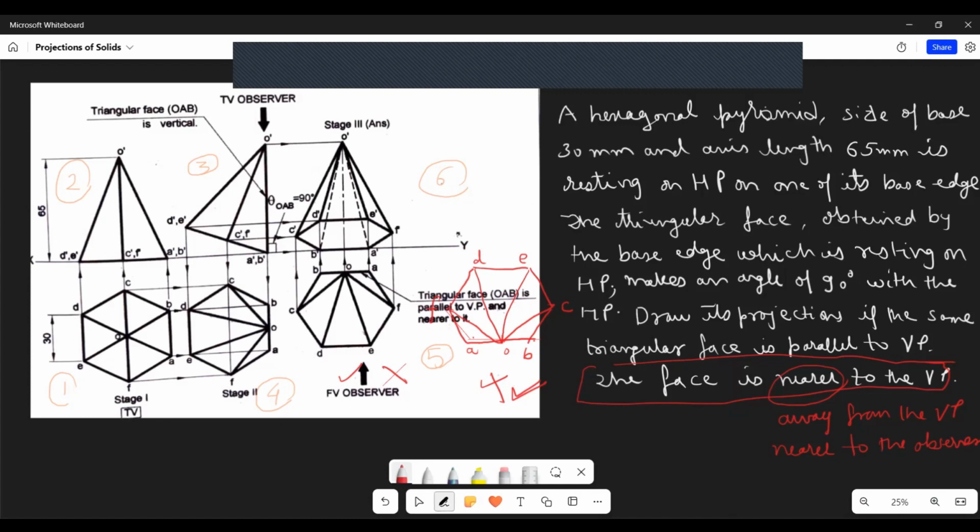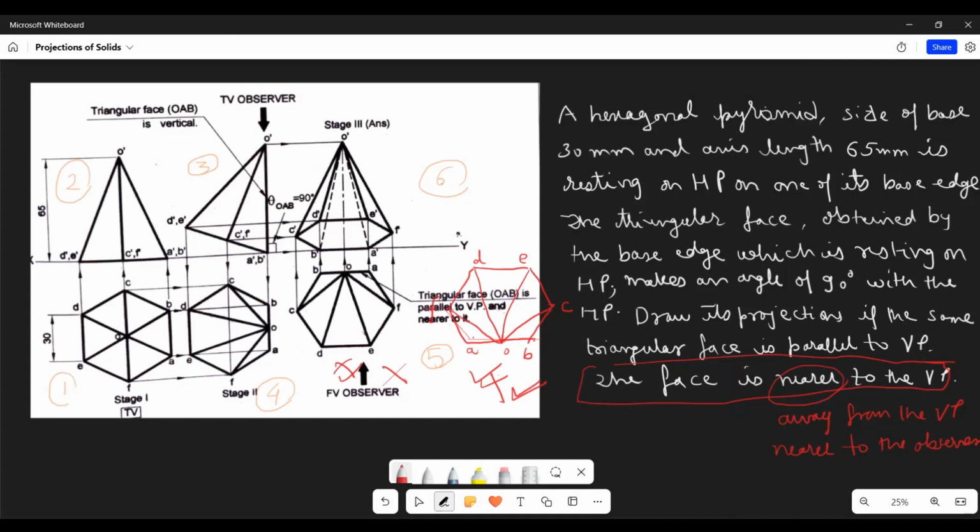Then in that case, this view is correct, and this view would be incorrect. And then the last view, view number 6, can be drawn by taking the projections. Hope this clears for the students how to form the question from the solution. And if you can form the question from the solution, you can also solve by reading the question.